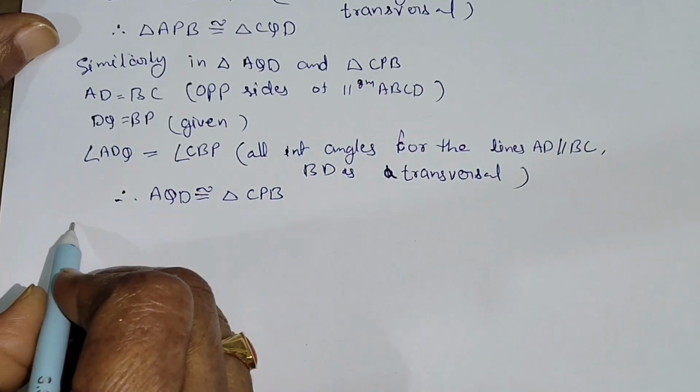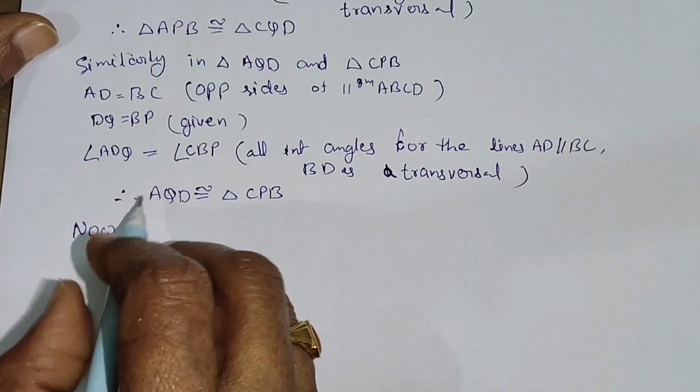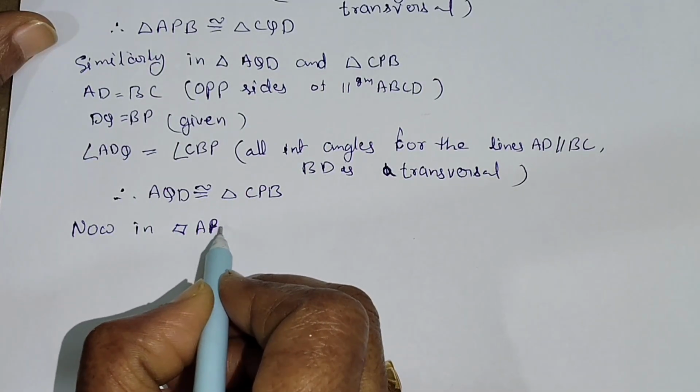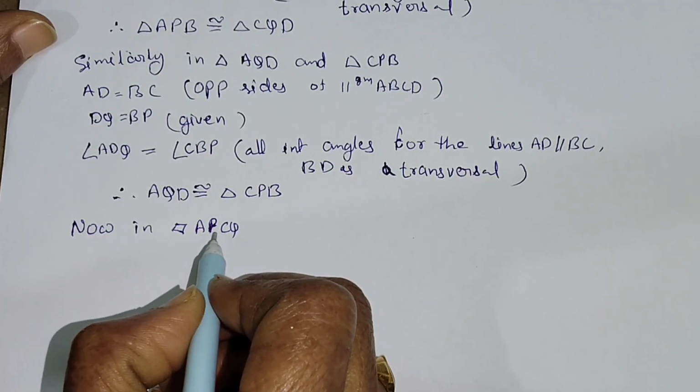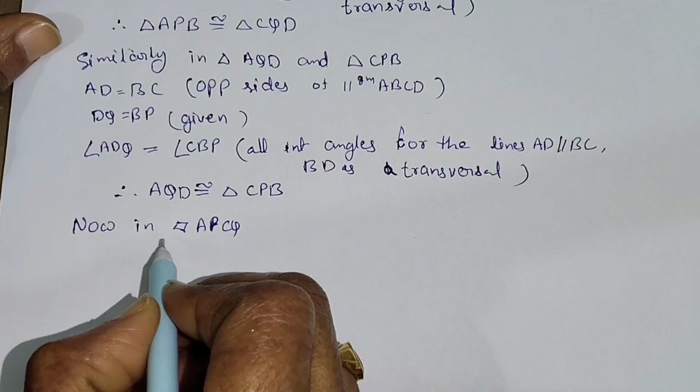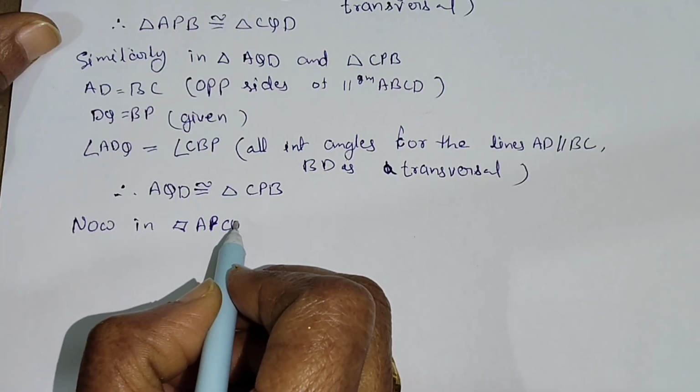Now, APCQ is a quadrilateral. This one we prove is a parallelogram.